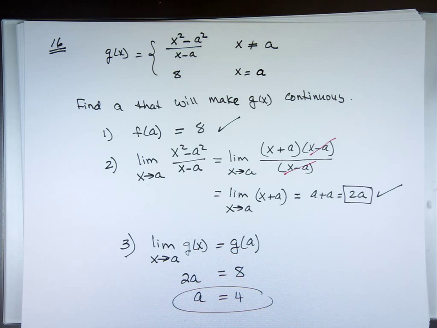Let's look at number 17. I'm going to tell you that in 1 second. If I ever find your book, but it's no big deal, I can tell you what that is.